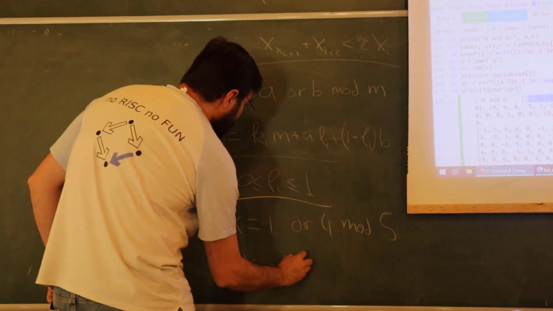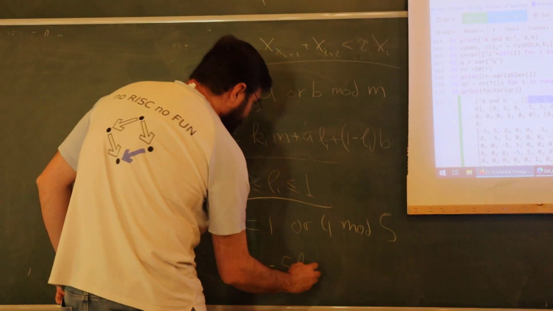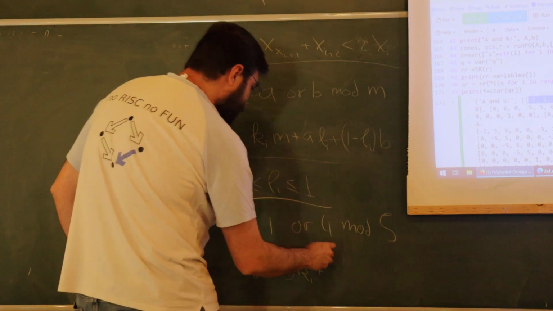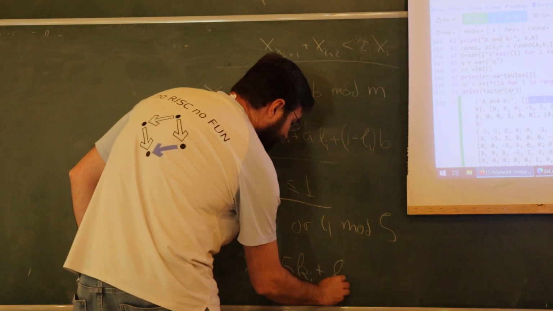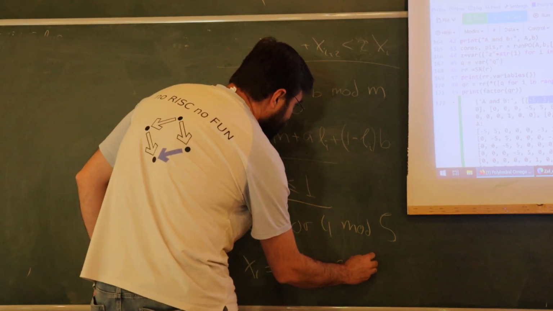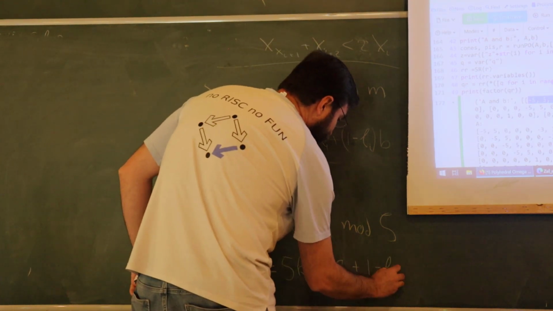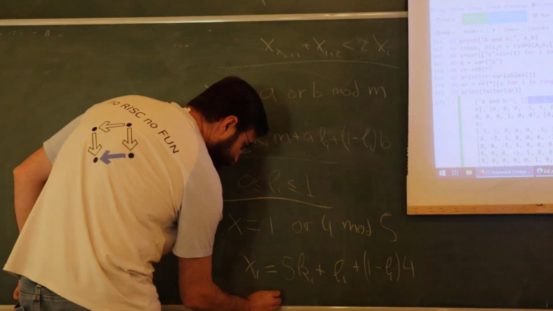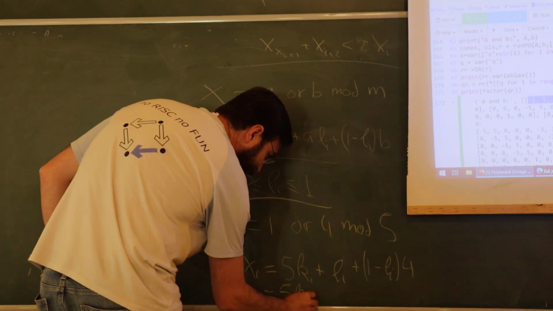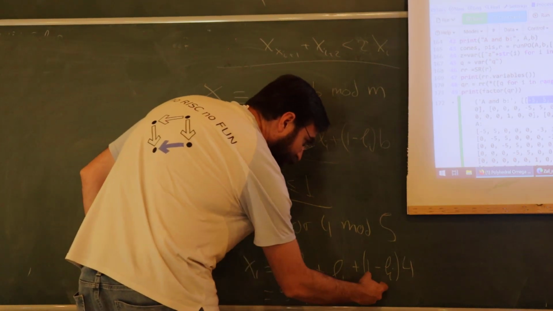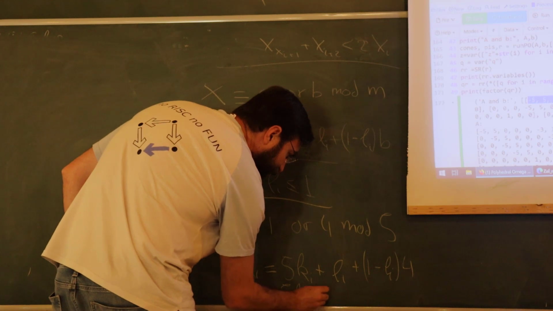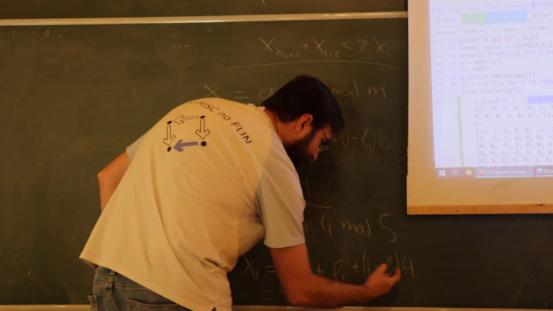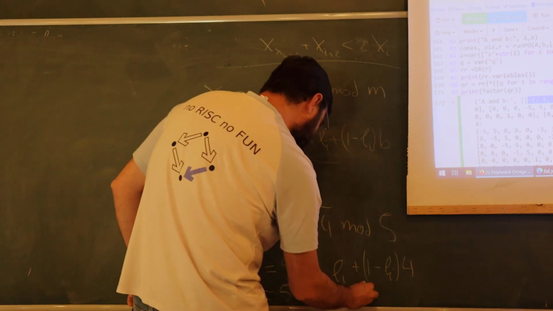Psi is 5 Ki plus Li plus 1 minus Li times 4, minus 3 Li plus 4, right?